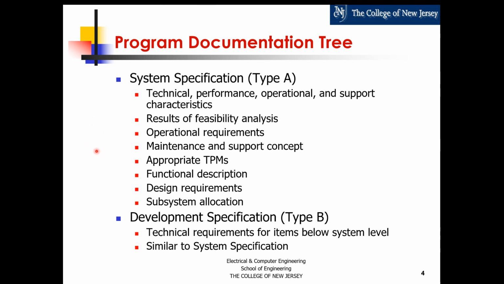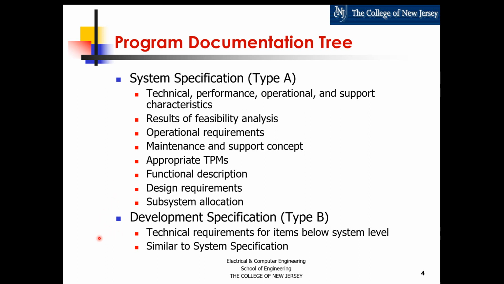We actually went through that a lot. Then the appropriate technical performance metrics, as they would come from a house of quality analysis, the main functional description of the design and the system, and the design requirements and the system allocation. Those things are captured in the Type A specification.